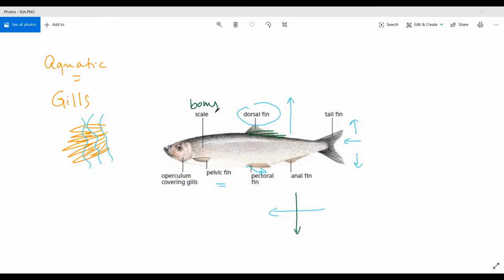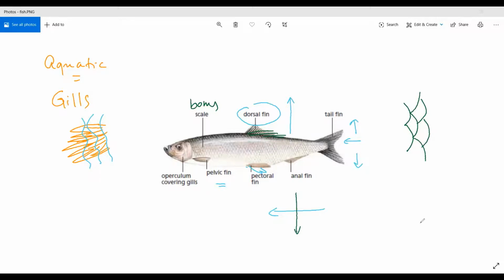The shark fish have cartilaginous scales. But what's the meaning of bony scales? It means that these scales are very, very thin chips of bone, and they look like this. These are the scales. And you find another scale here, like this, as if they are building bricks. Okay, so these are the scales.